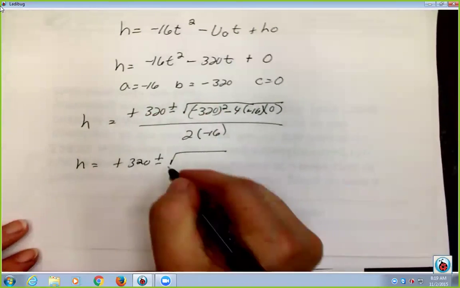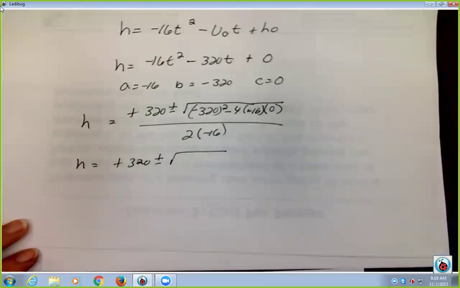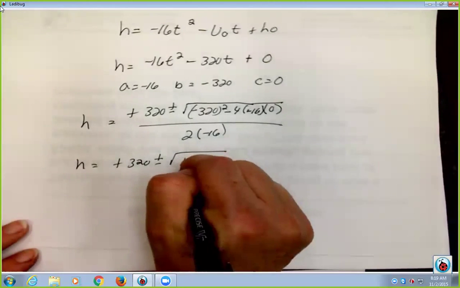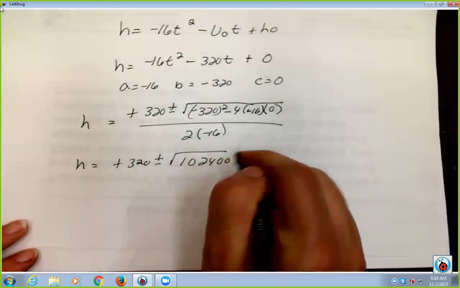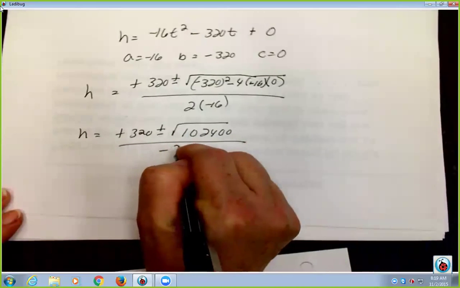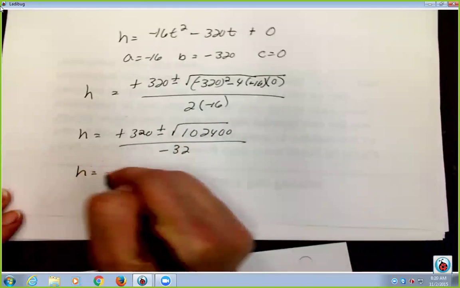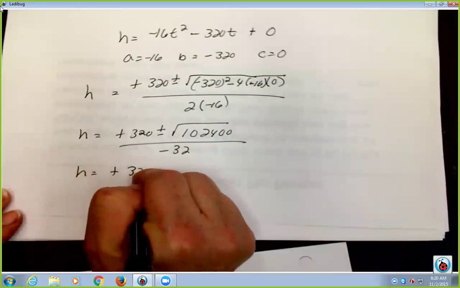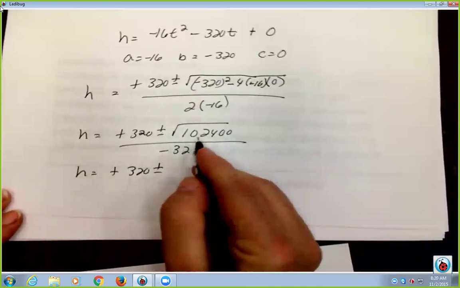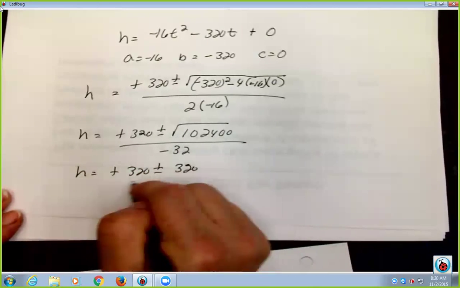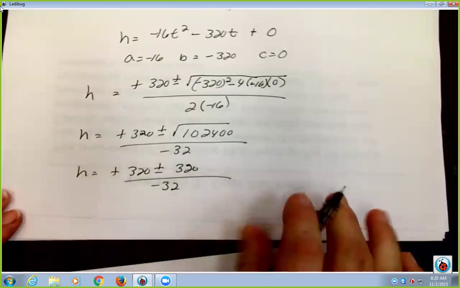If I take the square root of it, it's going to come out to be that. And it's going to come out as 320 over negative 32.